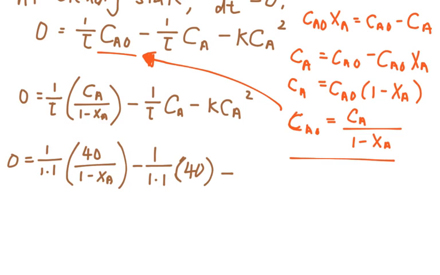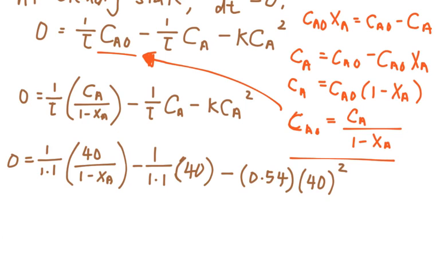The K value in this case is given as 0.009, but I need to multiply by 60 to convert it into hours. So it becomes 0.54 per hour, multiplied by the concentration of A at the outlet squared.